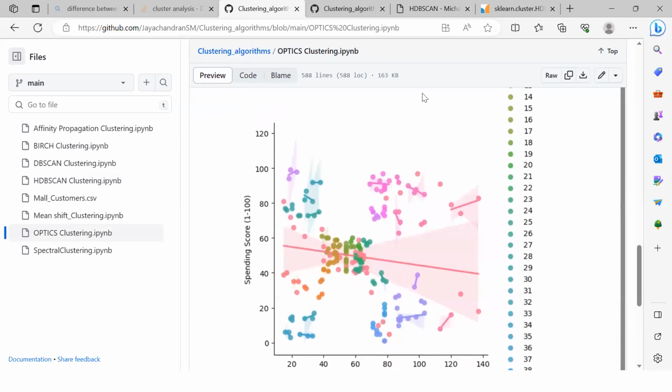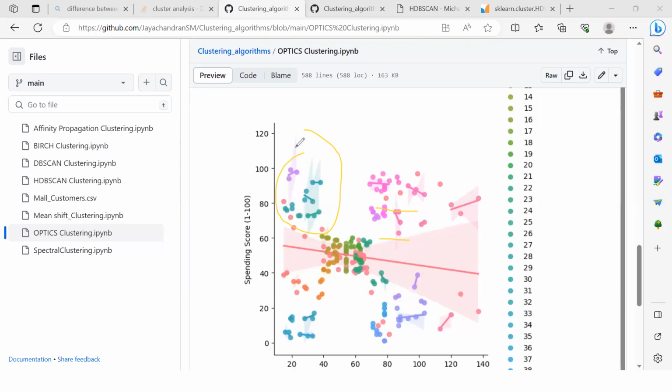So if you look at this particular graph, what it is trying to say is, it just created a visualization here, here, here.